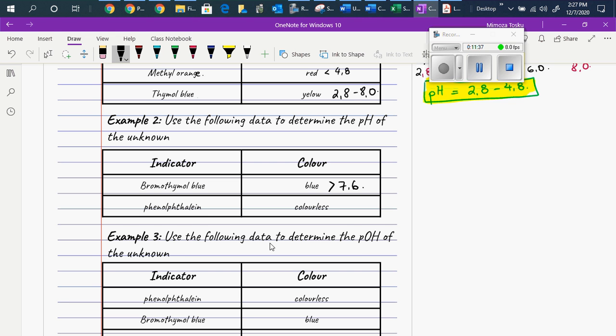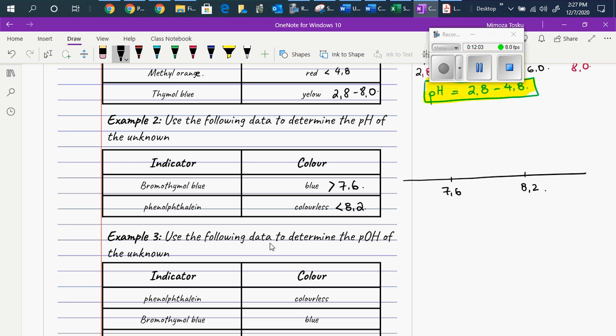And phenolphthalein is between 8.2 and 10.0, and this is colorless, which means that it is less than 8.2. So if we draw the number line now, then we have 7.6 here and 8.2 here.